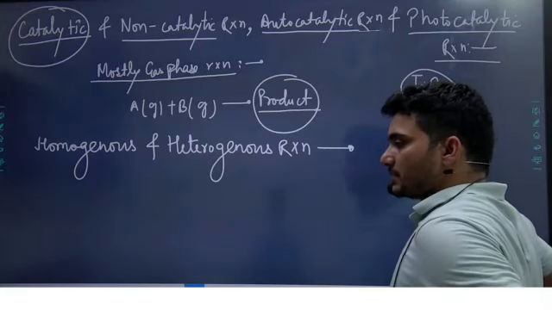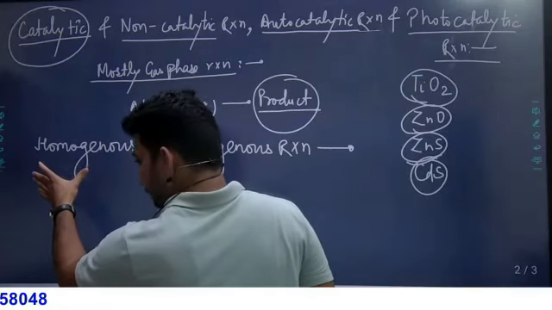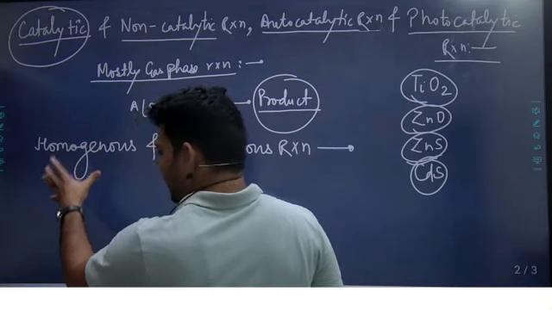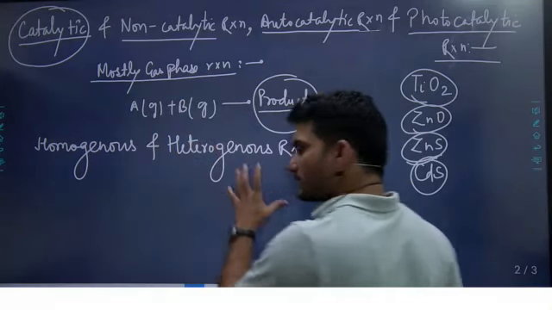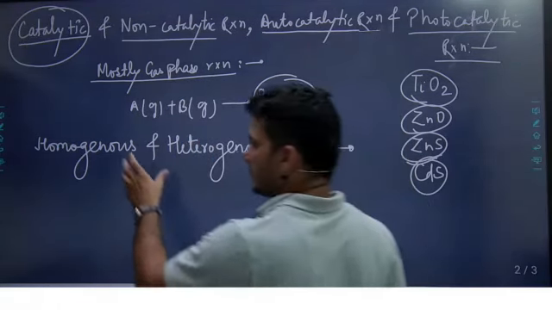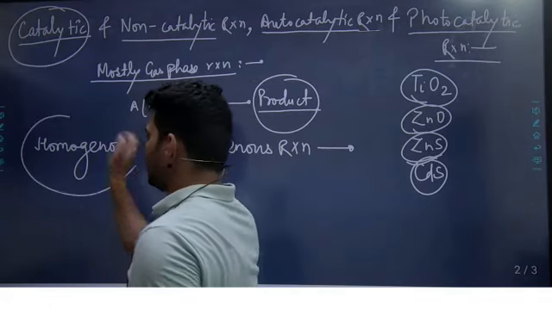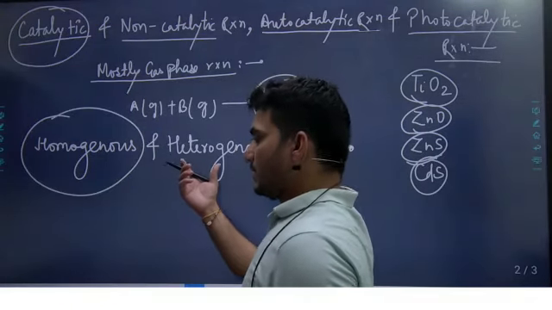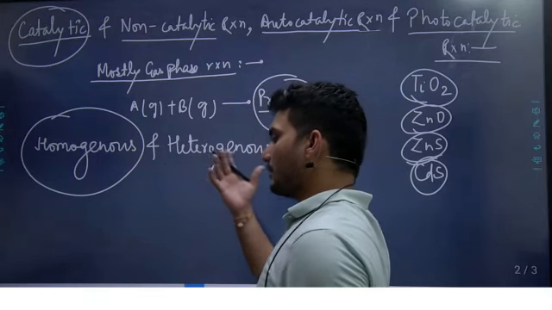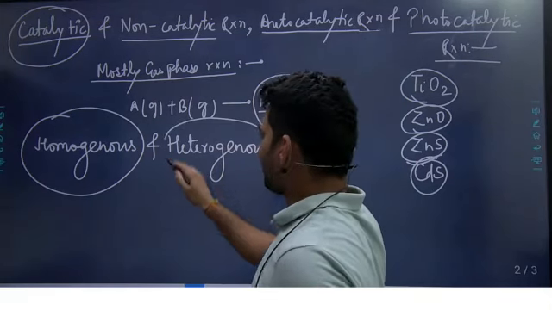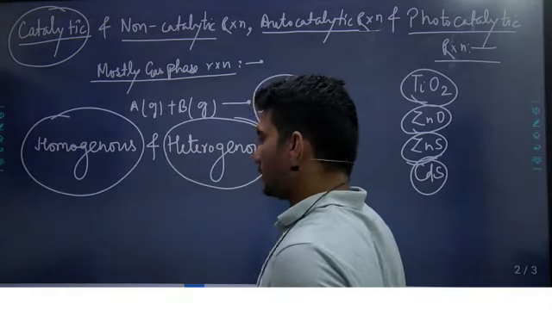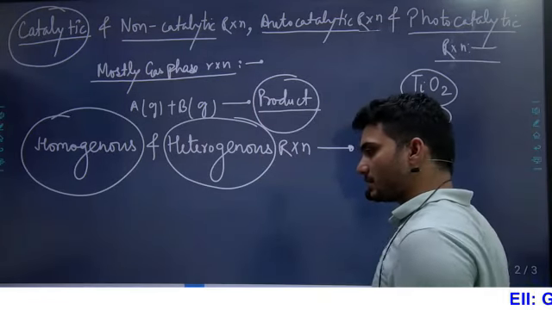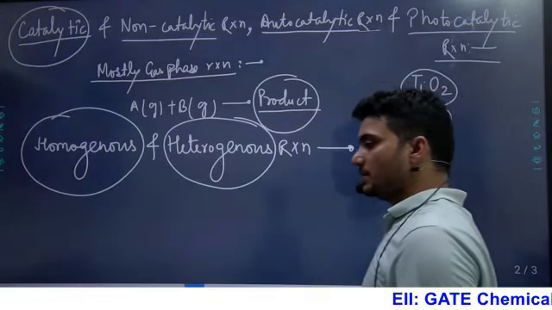What is a homogeneous reaction? You can write down: when reactants and products are in the same phase, such reactions are called homogeneous reactions. The reactions in which reactants and products are present in more than one phase are called heterogeneous reactions.